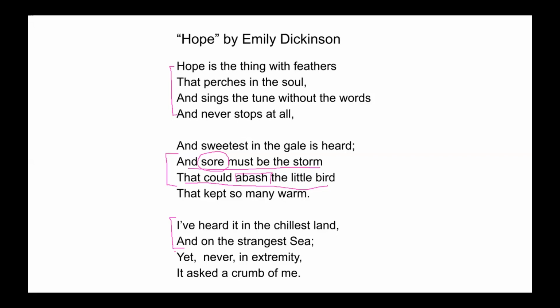If they see it as a bird, and this could be a really easy way to describe and picture it, then I think that's totally okay. There's not really a best answer of why she chose hope as a bird, but as a poet or as a writer, you have that creative license to be able to choose what you want to do.